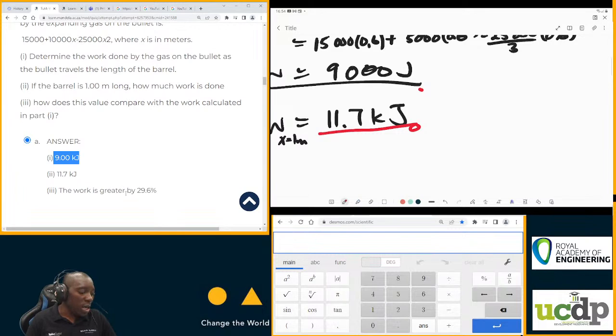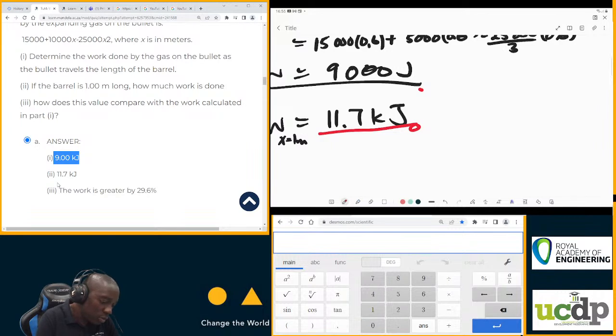So there could be a rounding issue there with 11.7. What did we get initially? What was the exact thing we got there? 11.6666. Okay, so it's 11.6666 recurring like that.